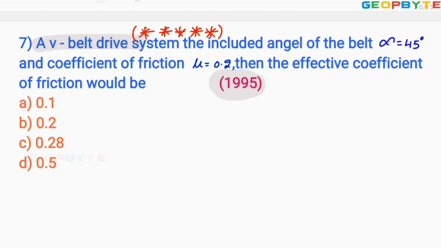A belt drive system, the included angle of the belt is 45 degrees and coefficient of friction 0.2.